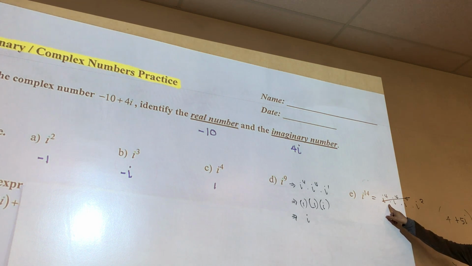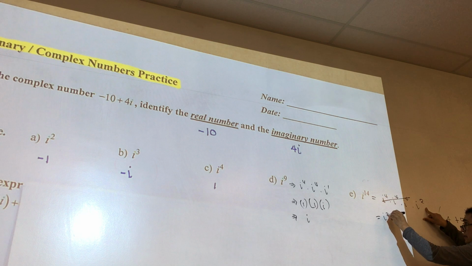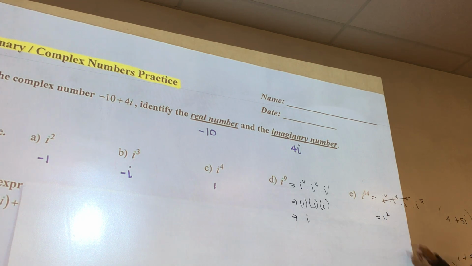What is i to the 4th? 1. i to the 4th. i to the 4th. So, but then what is i squared? Negative 1. Rules of exponents. Alright? Got it?